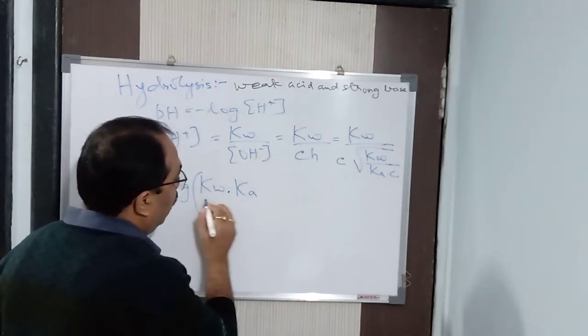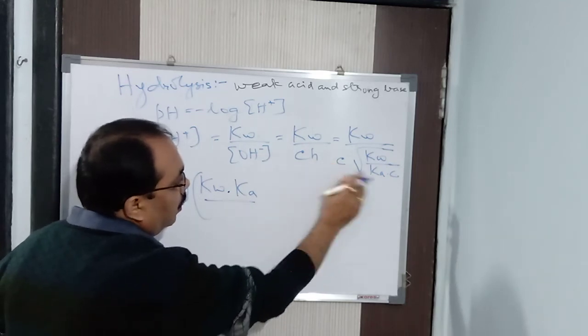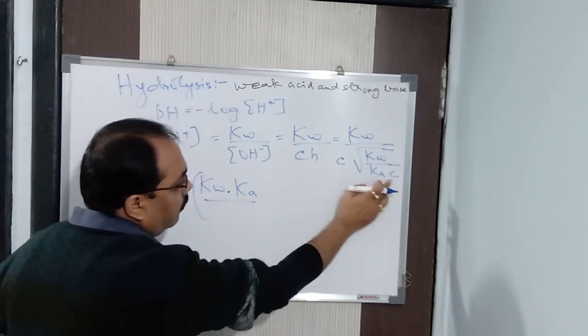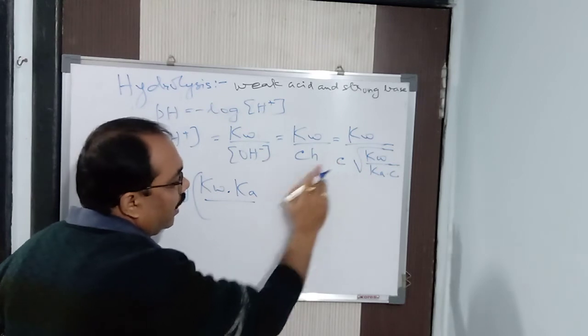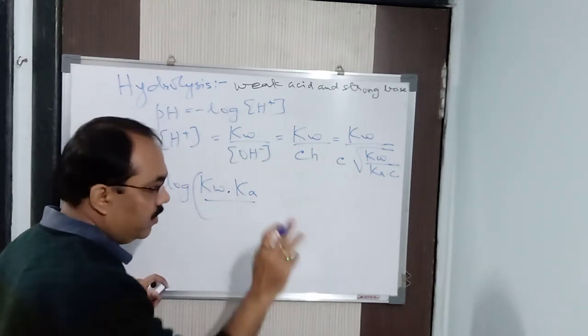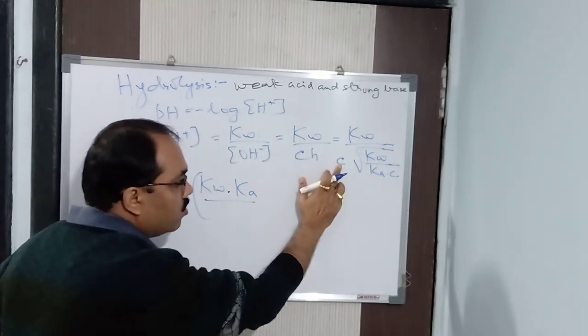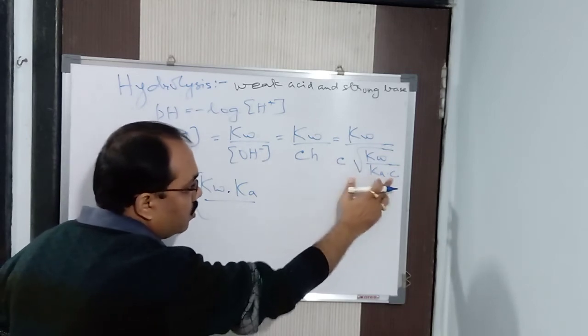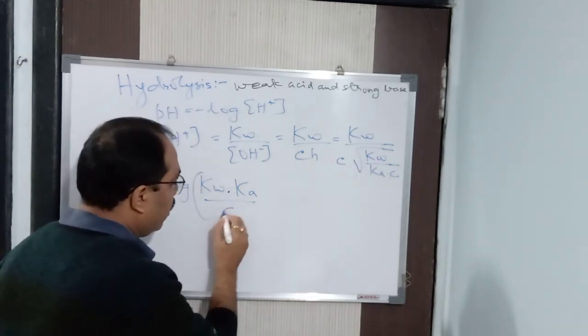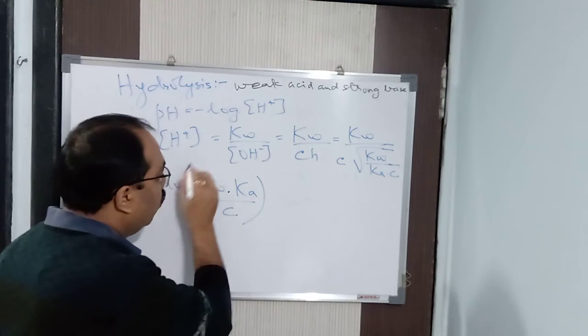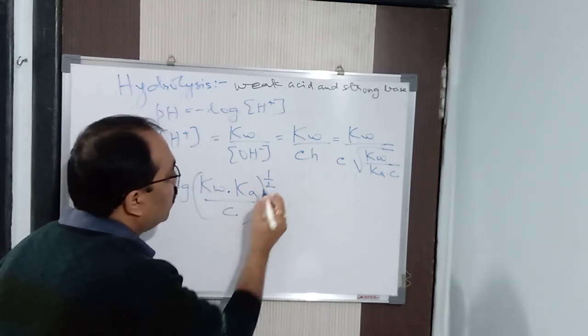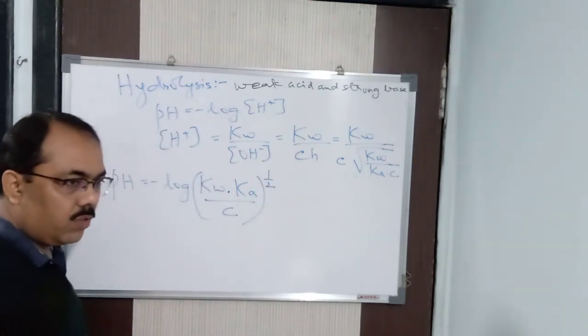Here C I can write as root C into root C, so root C into root C by root C. One root C gets cancelled, so another root C remains. Root means to the power half, you know that.